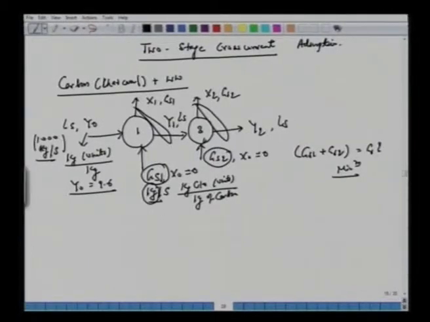So let's see again, we have 1000 kg per second flow rate of wastewater containing 9.6 units. We have been asked to reduce this to Y2 as 0.96, so a 1/10 reduction. This problem is the same as in the previous class, except now we are working on two stage cross current. The question asked is what is the amount of GS1 and GS2 so that the total amount is minimum.